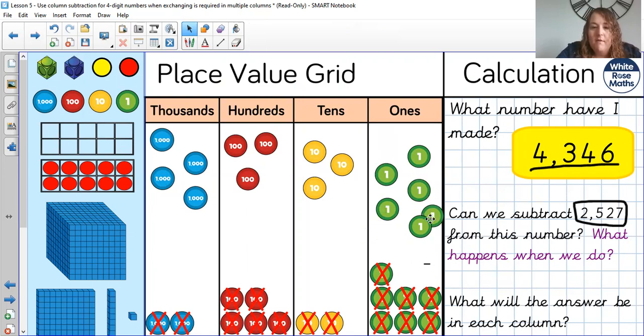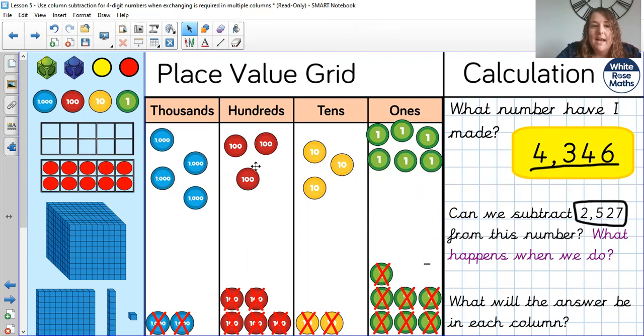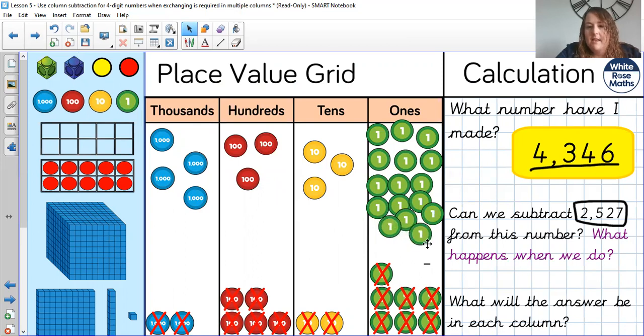And I'm going to have to move these up a little bit, still making sure I've got the 6 here. But I needed to swap that for 10 ones. So 1, 2, 3, 4, 5, 6, 7, 8, 9, 10, just squeezing them in there. And then I can get started.